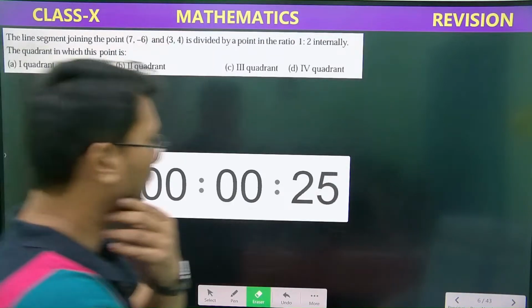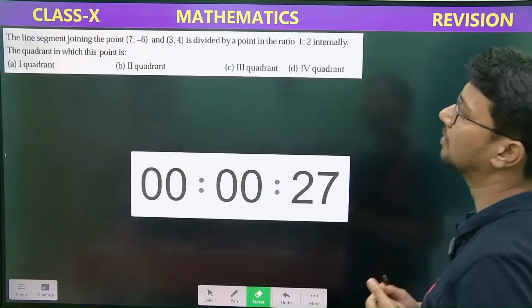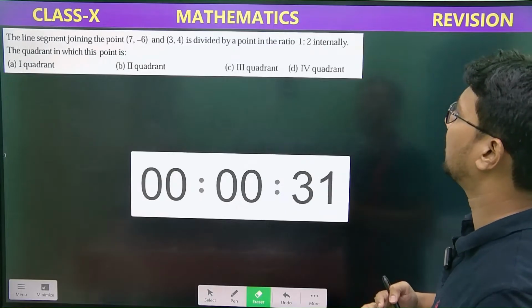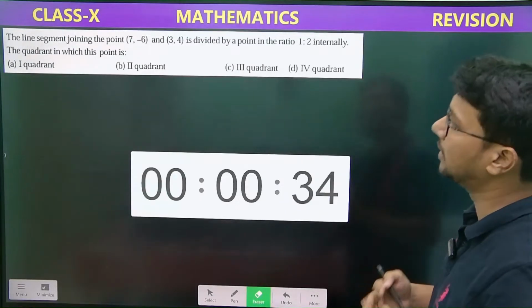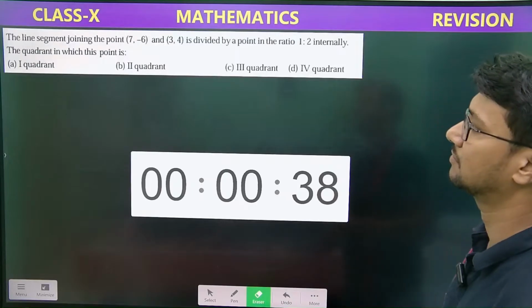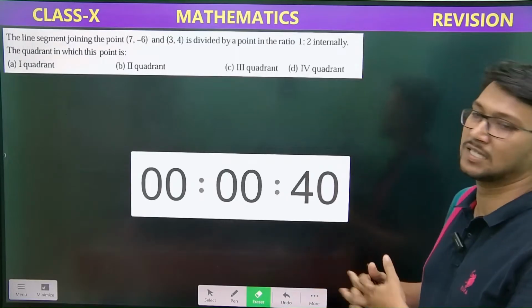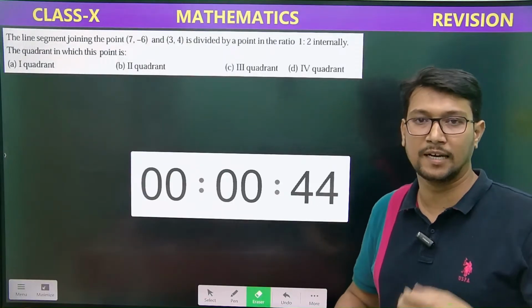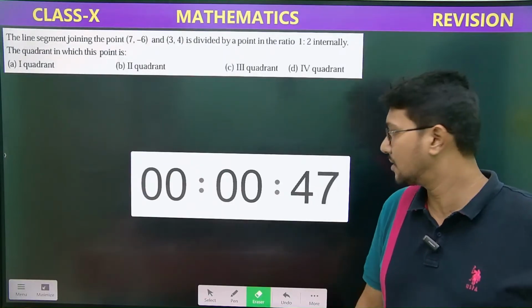It is from coordinate geometry, right? The line segment joining these two points is divided by the point in the ratio 1:2 internally. Find the quadrant in which this point lies. First you have to find the point, then you decide which quadrant it lies in.